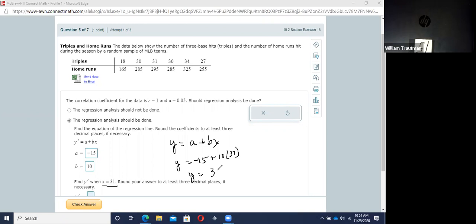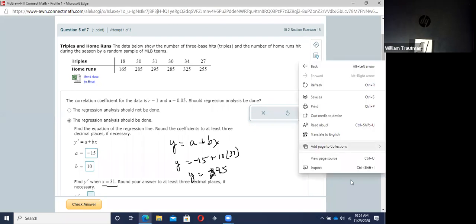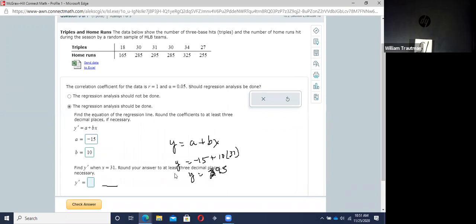That doesn't make sense. Oh, it's not 300, it's 295. I didn't type in -15. So 295 is my answer down at the bottom. When I plug that in, I should get 295.